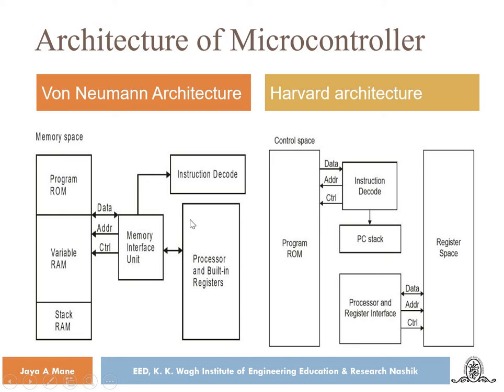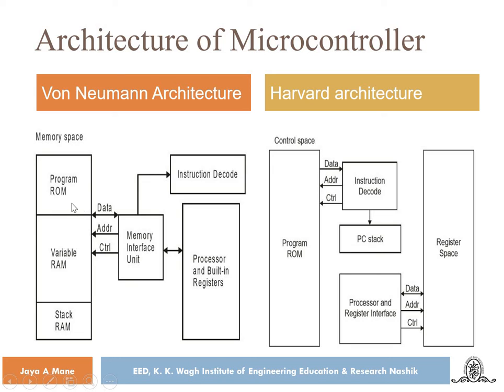So what advantage and disadvantage can we make out from the architecture itself? Suppose you have the same memory space for the ROM and the RAM, what would be the advantage? Suppose my program size gets exceeded in the RAM, while we are working in the random access memory. If I require more space and there is a vacant space available in the ROM, we can utilize that space, right?